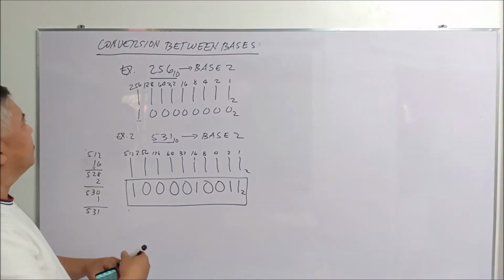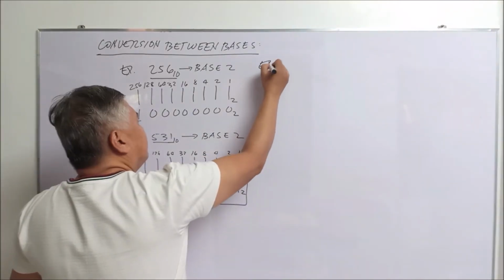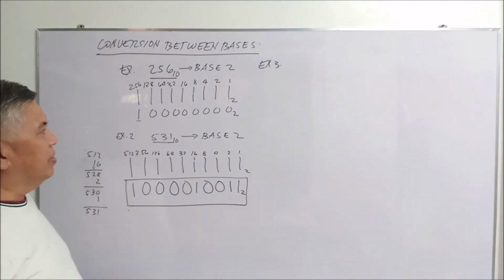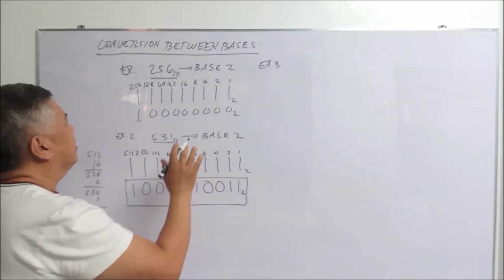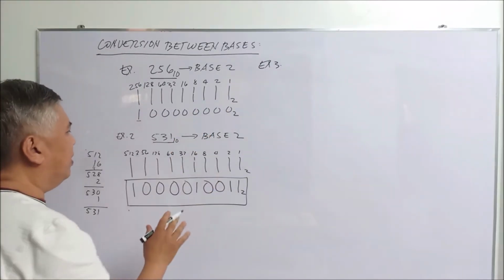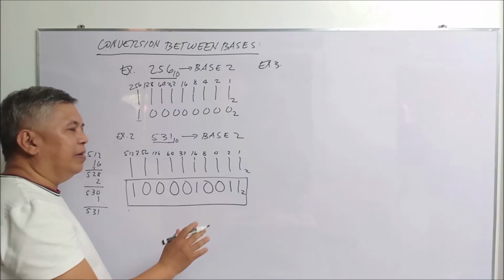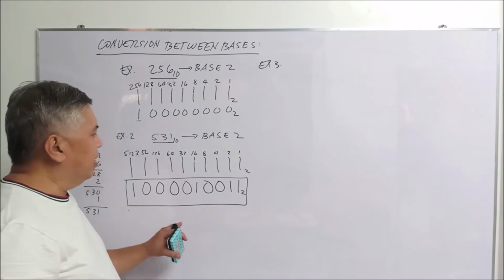Okay? Now, let's say we have an octal number system. Or before that, let us say we will convert a binary number into the decimal equivalent.